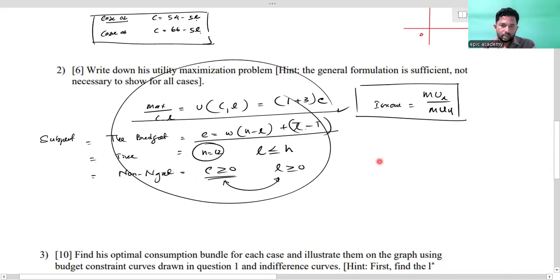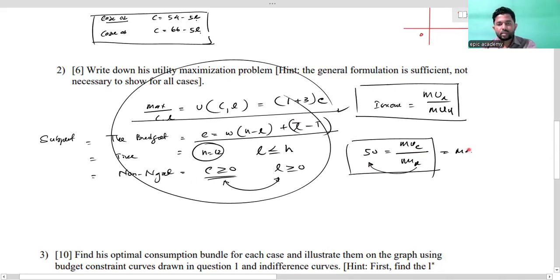If I am spending 50 rupees, the marginal utility of one commodity, which we call C, and the marginal utility of L must be equal to the income. That is the point we consider utility maximizing.